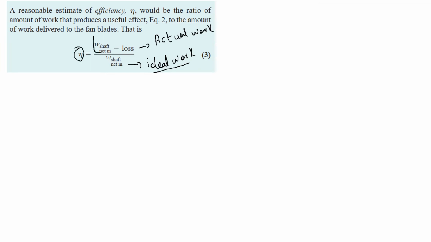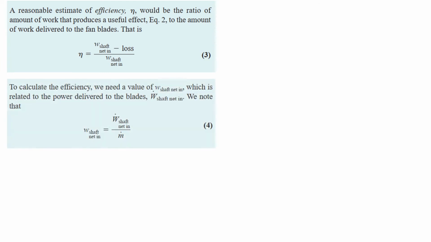Now I know the value of these terms from the previous slide, but I don't know the ideal work of the shaft that is transferred to the air. So I need to find this, and I need to recall some terms that I used in deriving the equation including the losses.